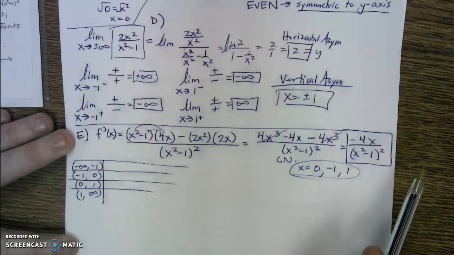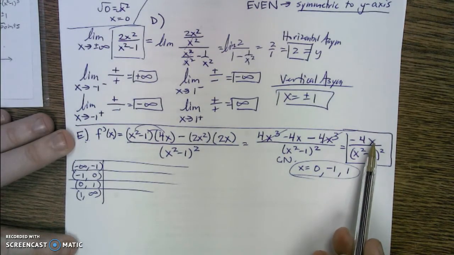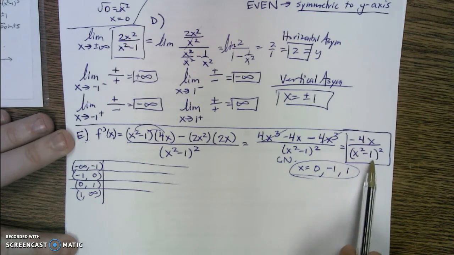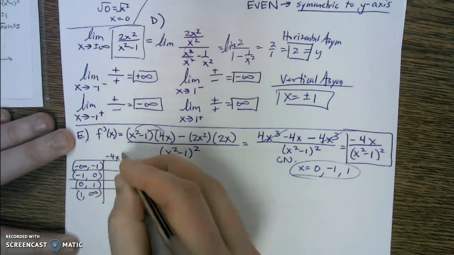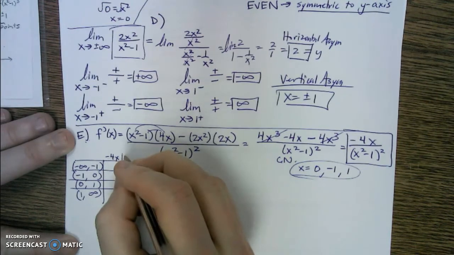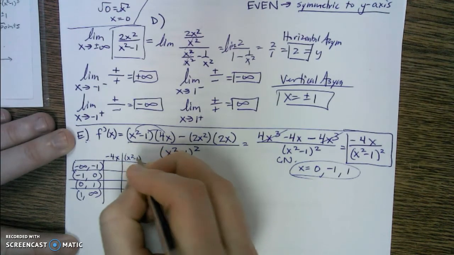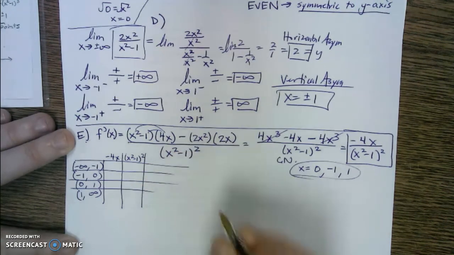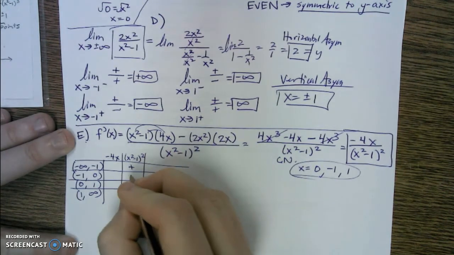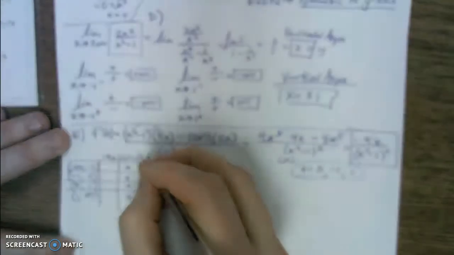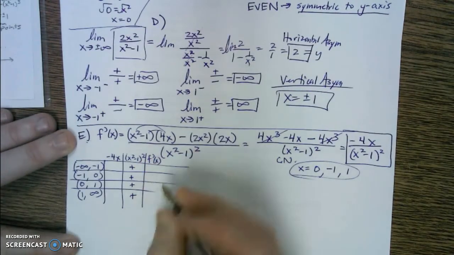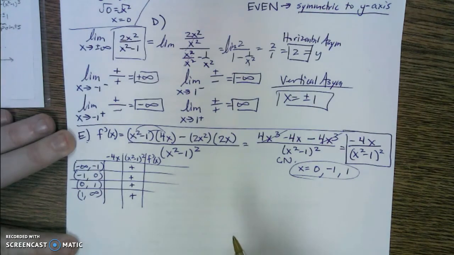Okay, then we've got two factors that make up the derivative. So we've got negative 4x, and we've got x squared minus 1 all squared. Now, anything that's squared will always be positive. So we already know this. And all we got to do is figure out the negative 4x and then multiply them.